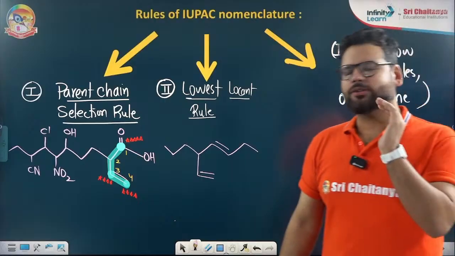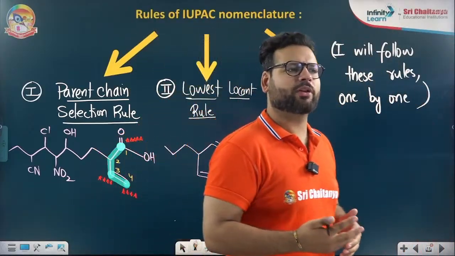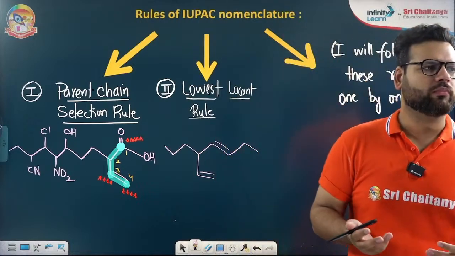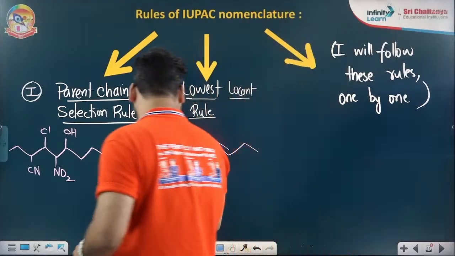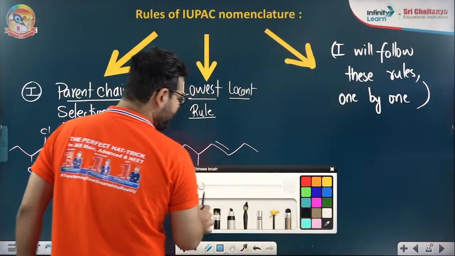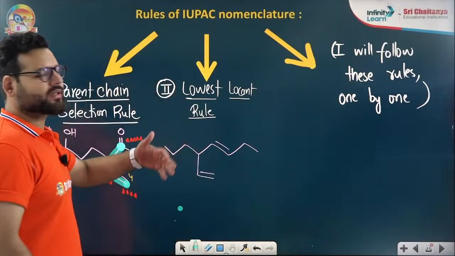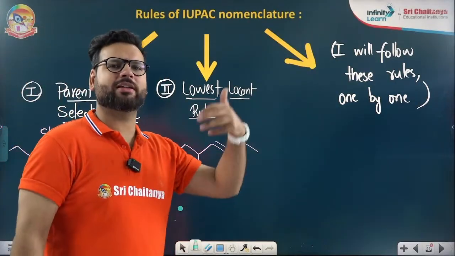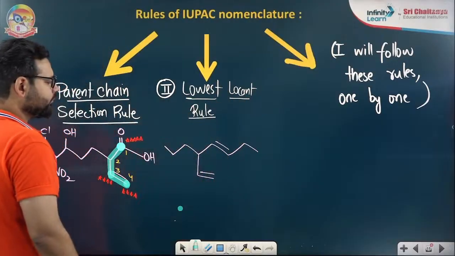Beta, locant does not mean the locant of unsaturation only. Locant will be there for the substituent also. Okay, no problem. I am not judging you right now. I have not taught you this. I will teach you afterwards. Just after this, one by one, we'll study the rules. Right now, let's select the parent chain.